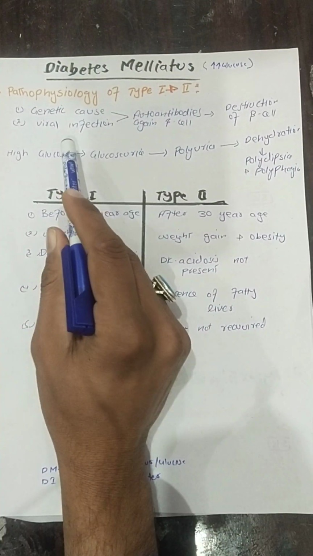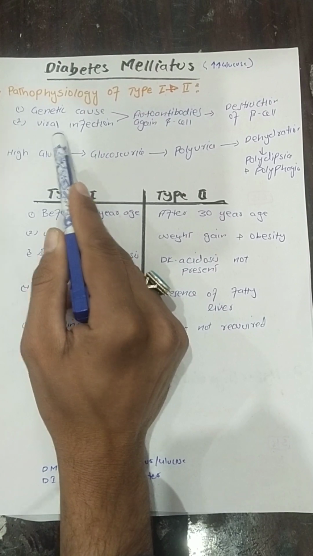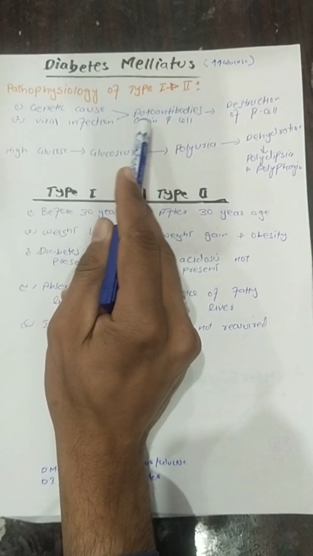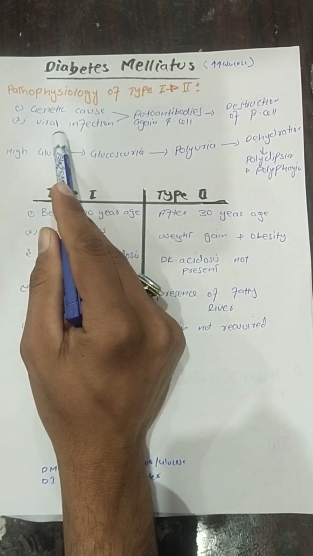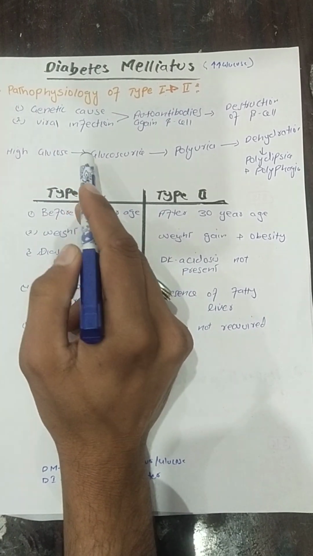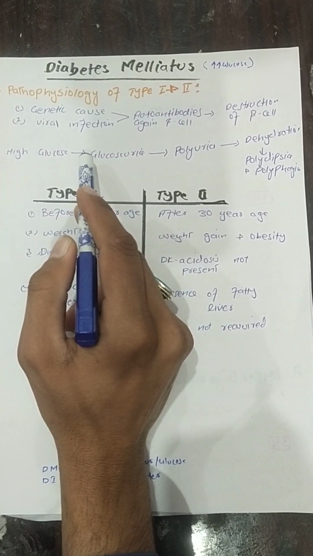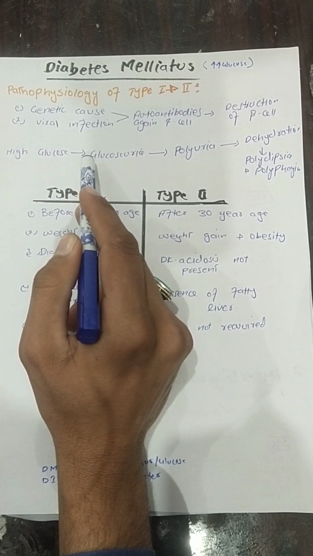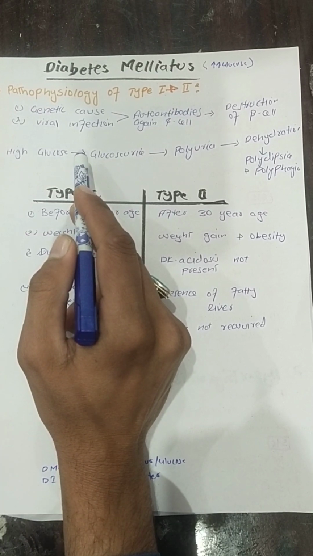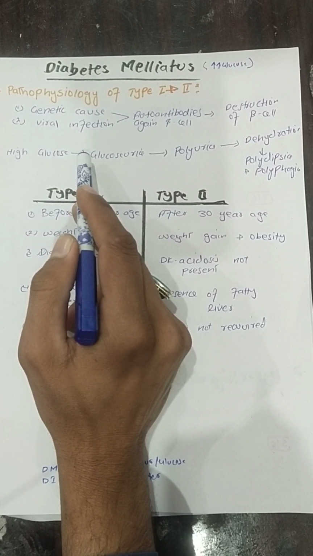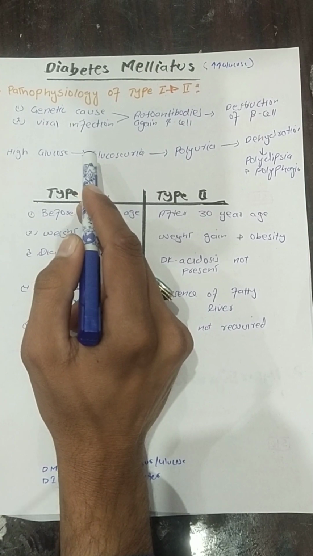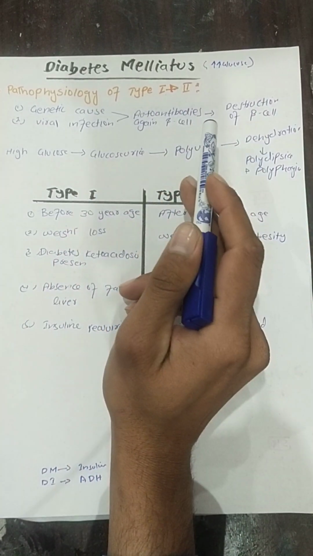Both the genetic cause and viral infection cause an autoimmune response, because a viral infection has an antigenic system that activates the antibody system, and the antibodies act on the beta cells and destroy them.